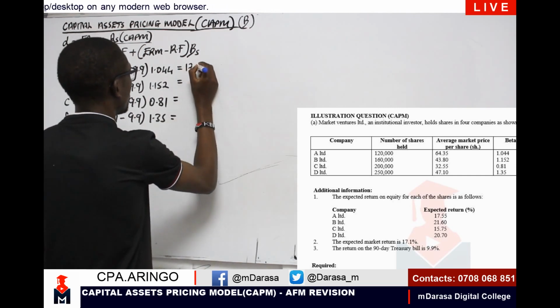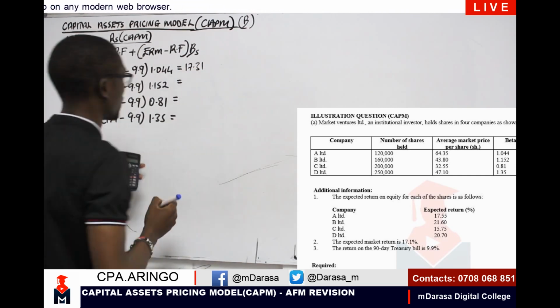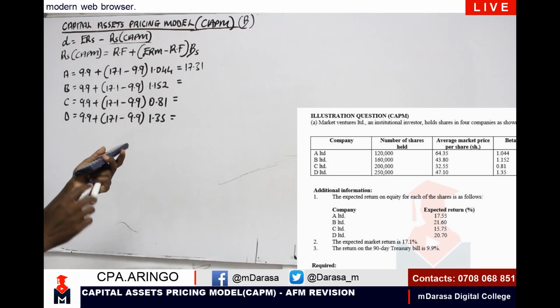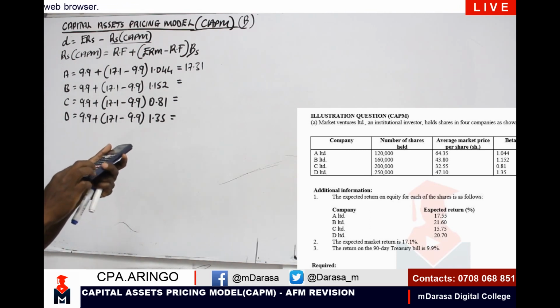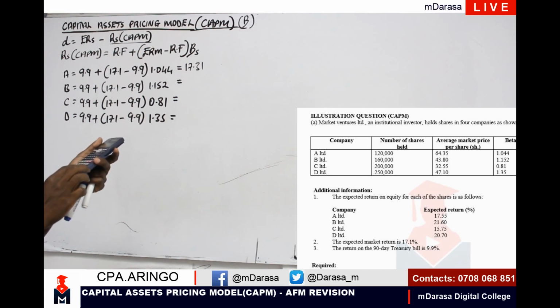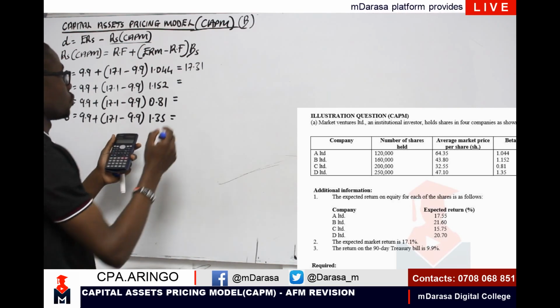We are told to use 2 decimal places, right? The other one, 17.1 minus 9.9 times 1.152 plus 9.9, should give us 18.19.